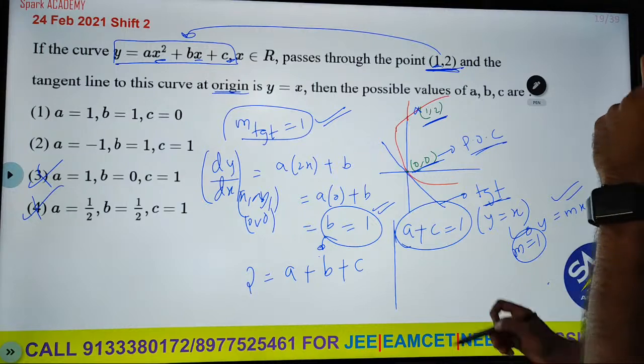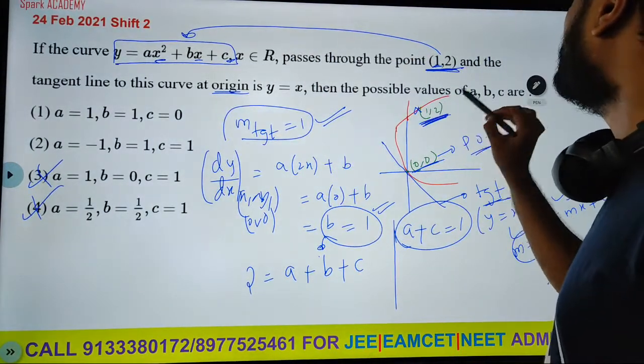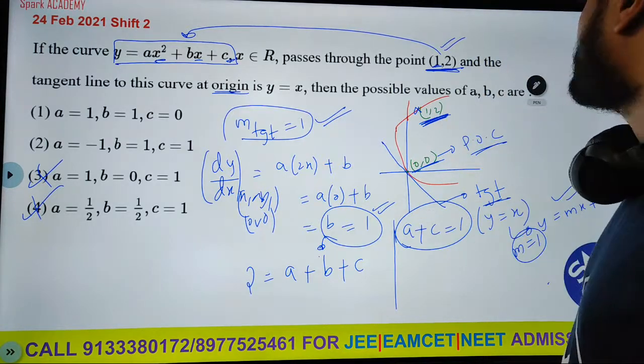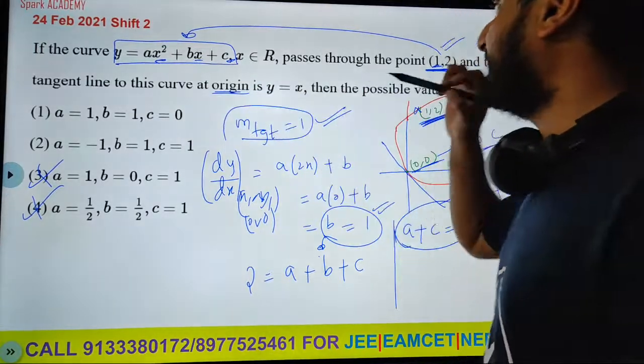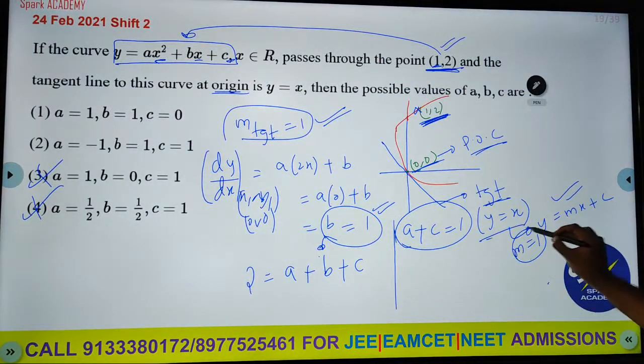Any step which I missed? So a curve passing through the point (1, 2). So (1, 2) is the point with which it is passing through, and the tangent line to this curve at the origin is y equal to x. So this is like y equal to mx plus c. So the m value is 1 directly. So the slope of the tangent we know is 1.